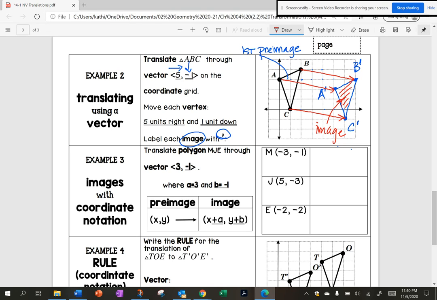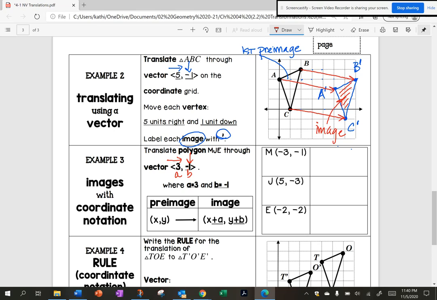I can also tell you what the coordinates are by translating a polygon MJE through vector 3, -1. So I know A is 3 and B is -1. So here's A and B. To translate my image, I add A to the X coordinate and B to the Y coordinate.